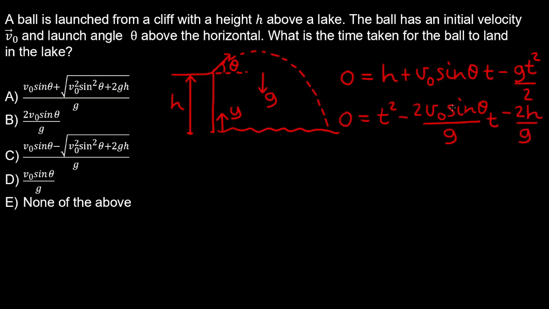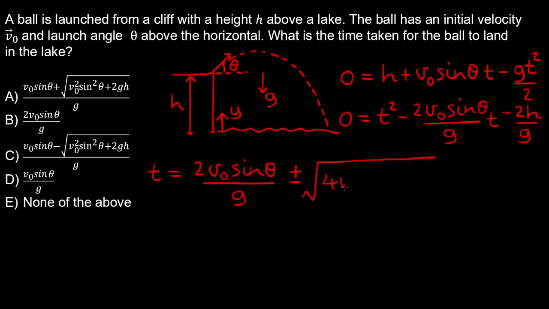And now using the quadratic formula, we have the time of flight of the projectile is minus b, which is 2v0 by sine theta on g, plus or minus the square root of b squared, which is 4 by v0 squared by sine squared theta on g squared, minus 4 by a by c.